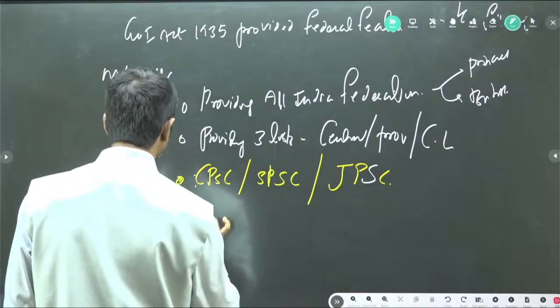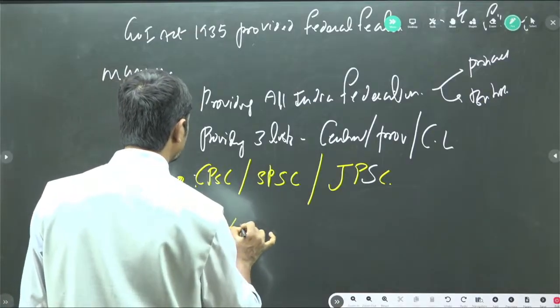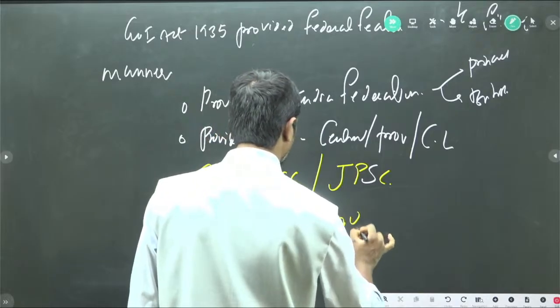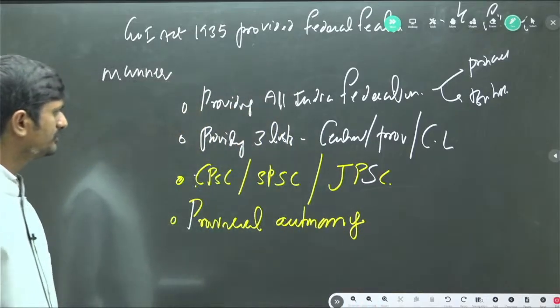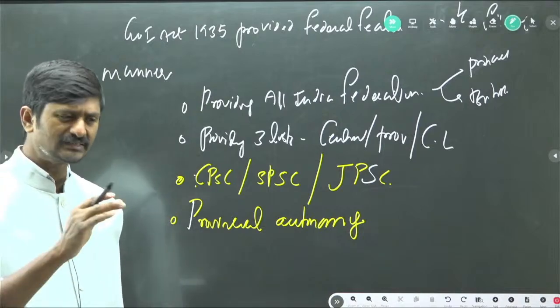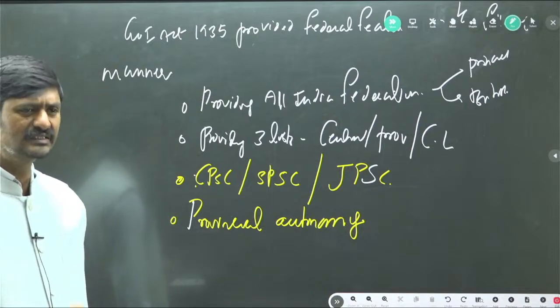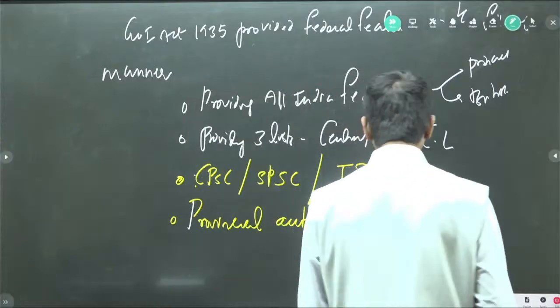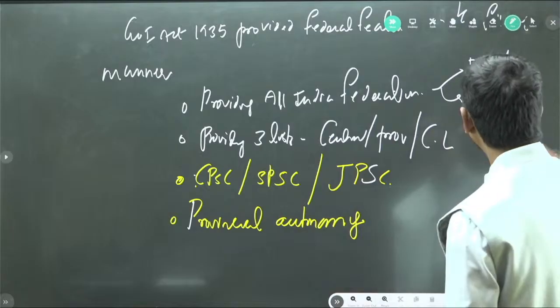Similarly, there is provincial autonomy. That means states will have their own independent existence, and the central government interference will be very minimal, right?